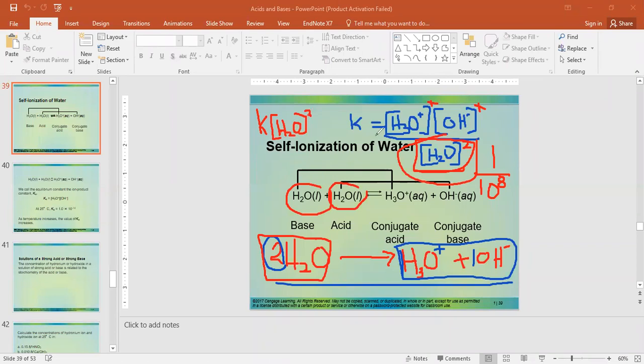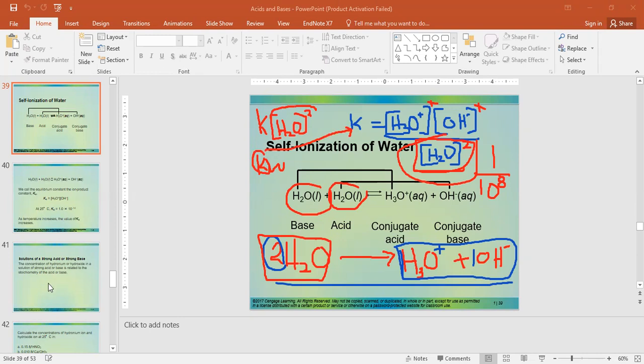So here you will realize that this is the new constant. So when you multiply a constant by a constant, what do you get? You get a constant. And that is why in the equation that we have shown, we have written Kw. This K here is the K that I've shown here, and the W here is this water that I have multiplied with.